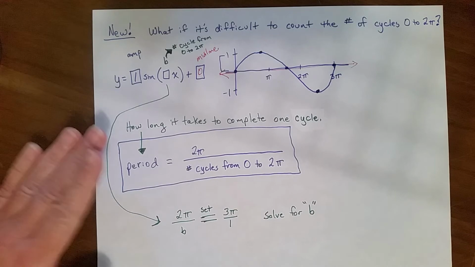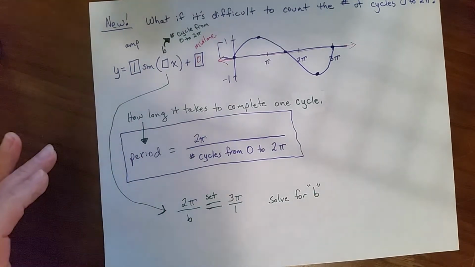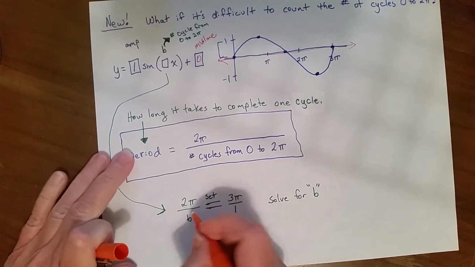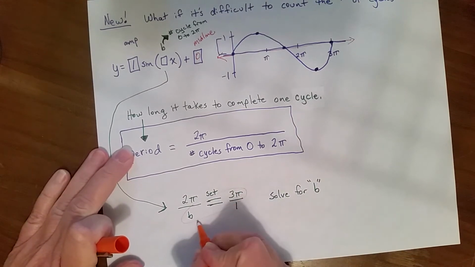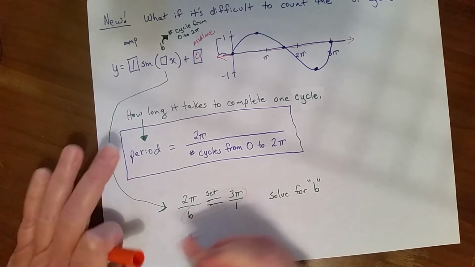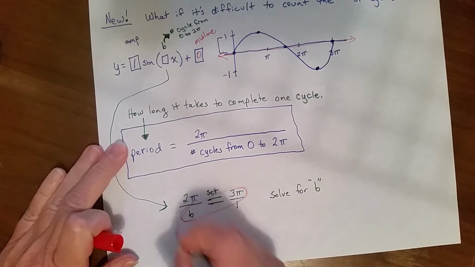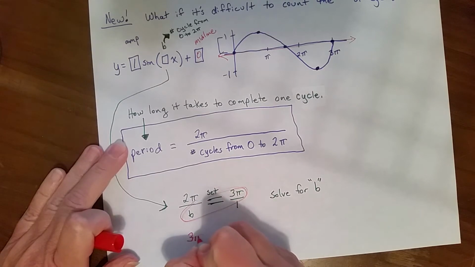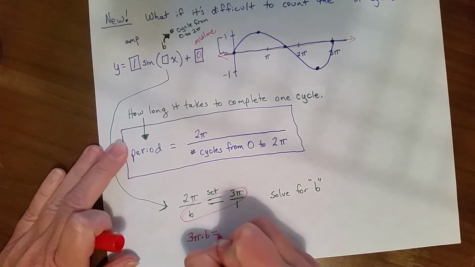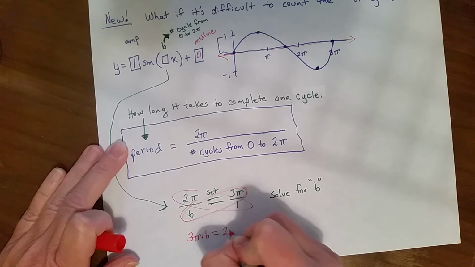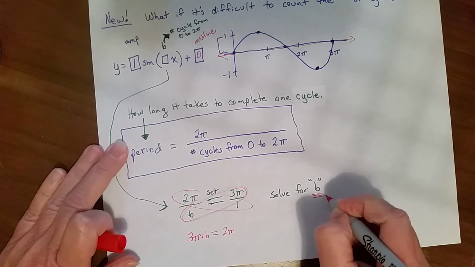Okay, going back here then, I'm going to do the butterfly method and I'm going to solve for b. So 3 pi times b, that does not show up very well. Let's choose a different marker. And I do cross products. 3 pi times b equals 2 pi. Now I'm solving for b.